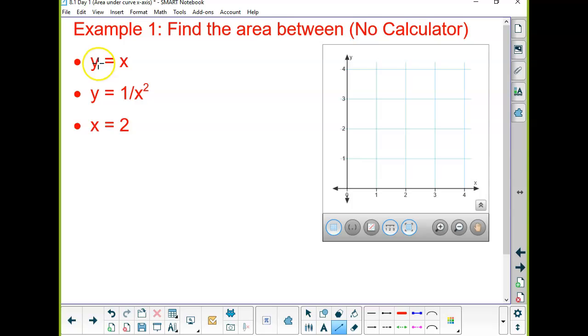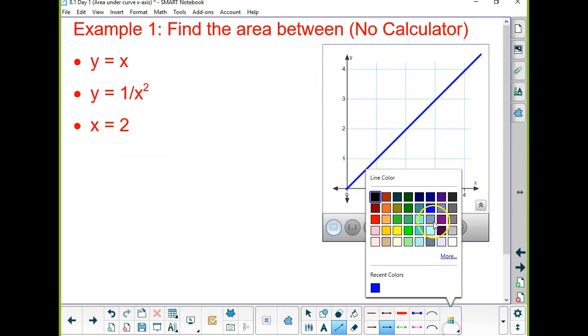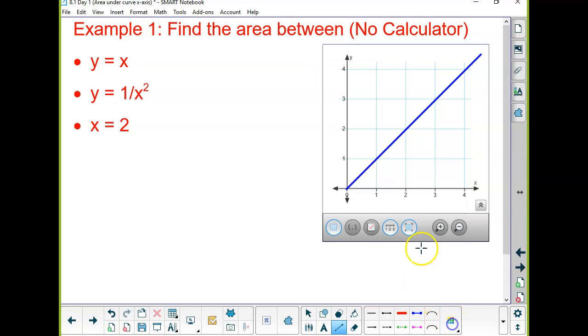I'd start with the first equation, y equals x. Well, that's just a linear equation with the slope of up 1 over 1, up 1 over 1, up 1 over 1. So I would just draw a nice linear equation. And I do know the line x equals 2 as well. I usually put those in dotted lines because when x is 2, it'll give me that vertical line up like this.